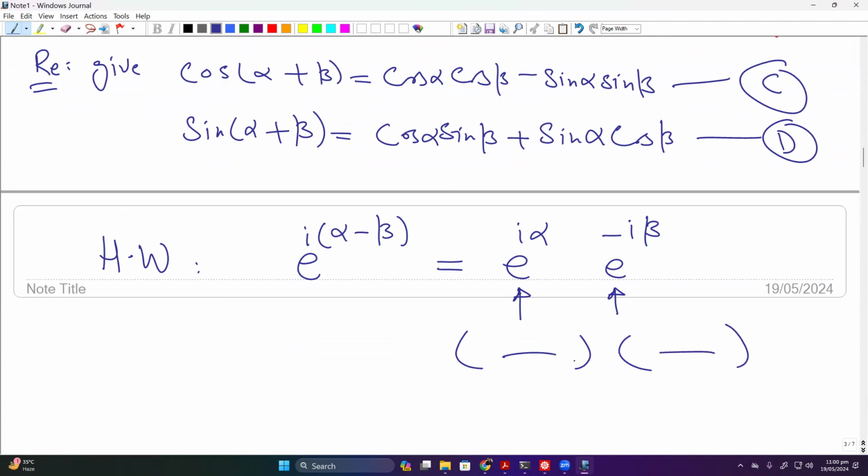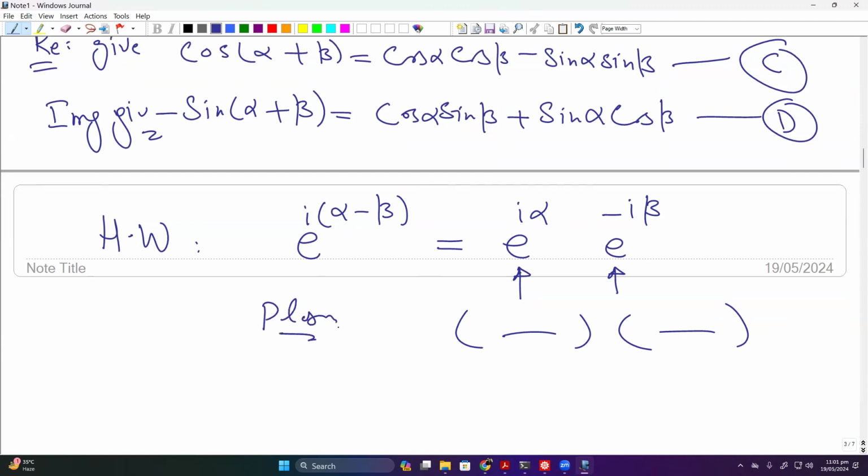Then I'll multiply this, and I'll get four terms. By doing a similar process, where I'll compare real and imaginary parts, I'll get two more identities for cos(alpha minus beta) and sine(alpha minus beta). So please complete this very quick exercise.